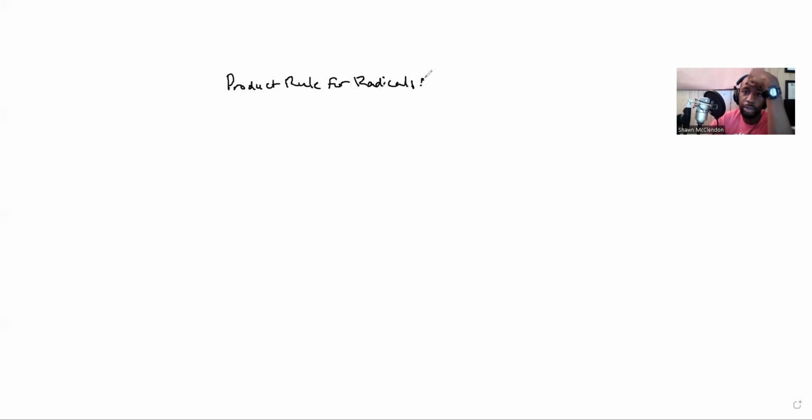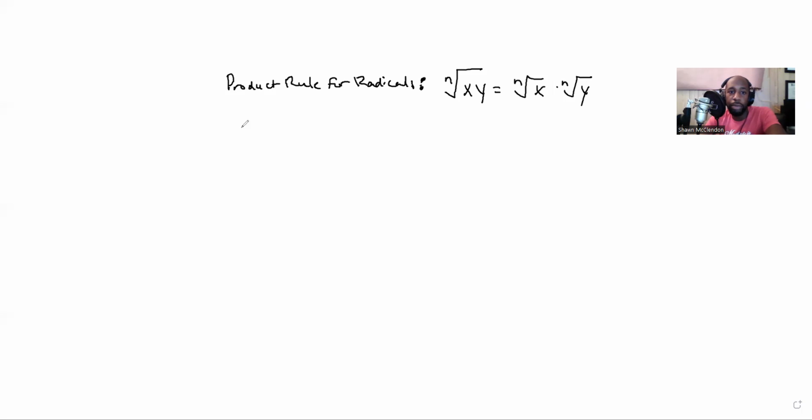All that is basically, if you have the nth root of the product of a couple of numbers, it is the same thing as the nth root of x times the nth root of y. Okay.